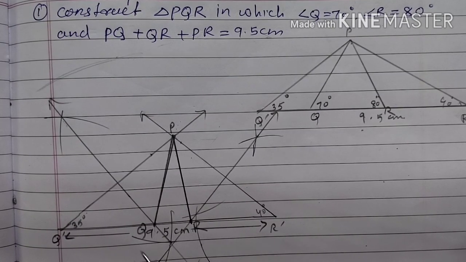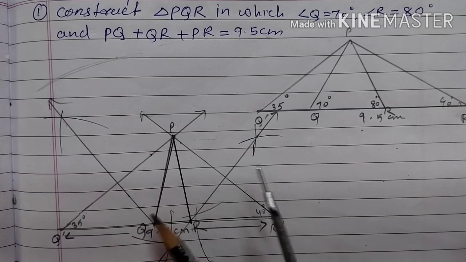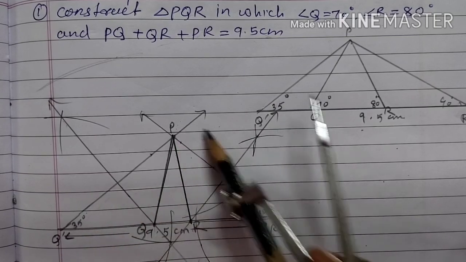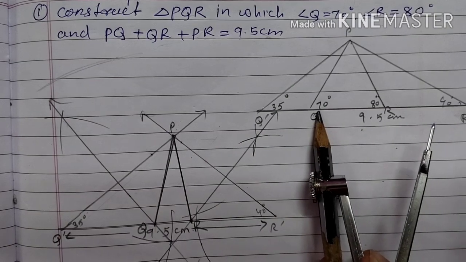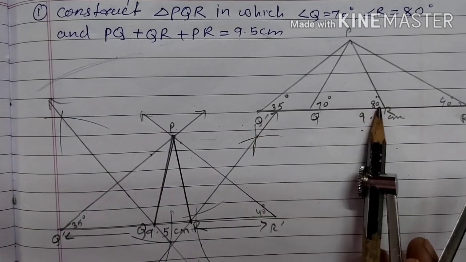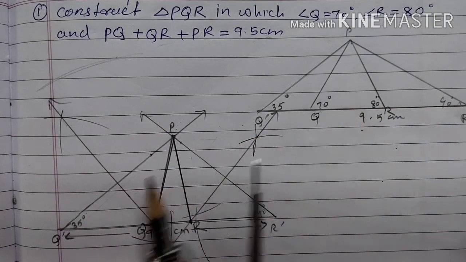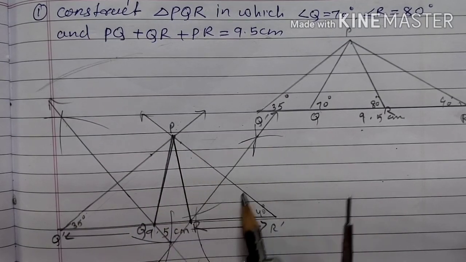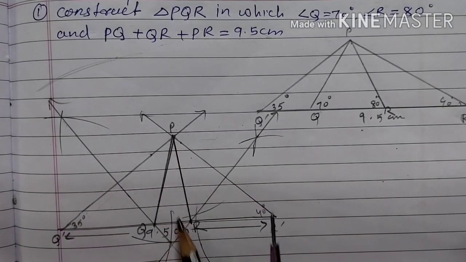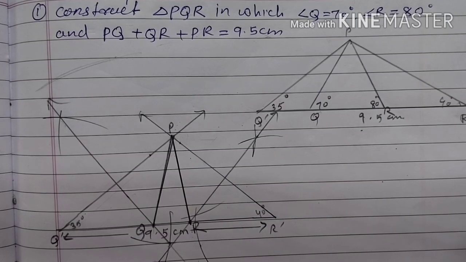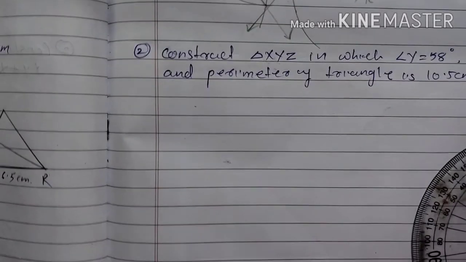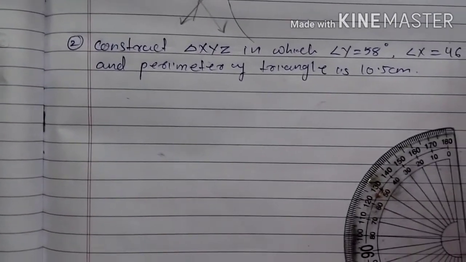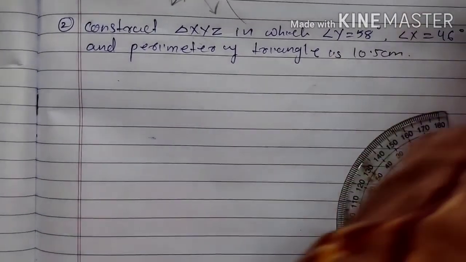Then we take angle Q dash as 35 degrees because angle Q is 70 degrees, so half of 70 is 35 degrees. Then draw that angle ray. So angle Q dash is 35 degrees and angle R dash is 40 degrees. Then we draw perpendicular bisectors of PQ dash and PR dash. Then we complete our triangle PQR.